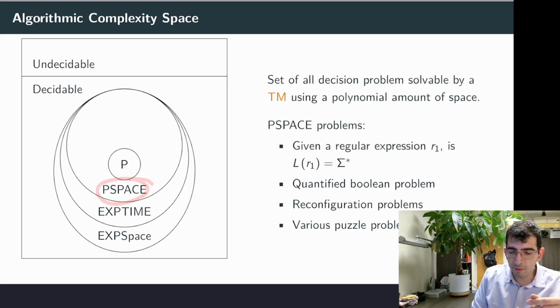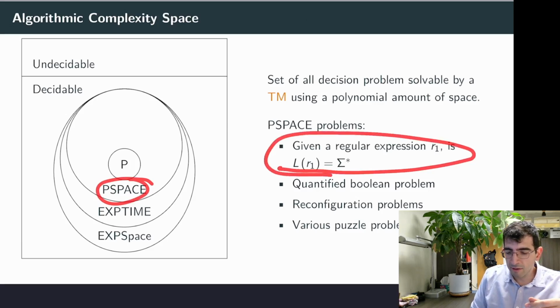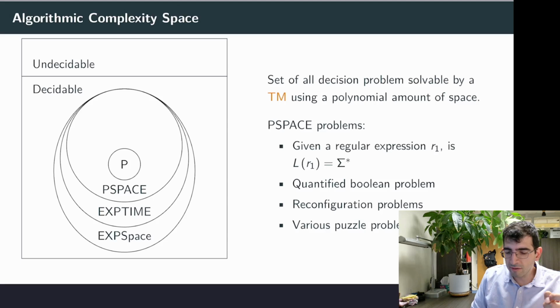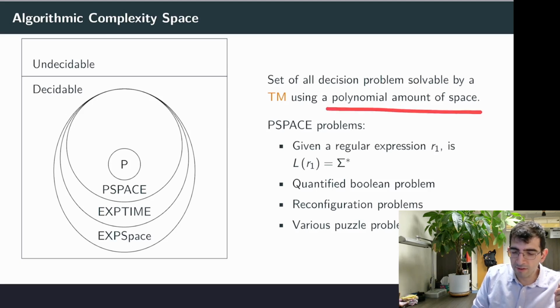A good problem of that you might have seen before is, given a regular expression, seeing if the regular expression denotes all possible strings, if it's universal. There are other problems like various puzzle problems, but this is known as polynomial space. These are simply all the problems solvable by a Turing machine that use a polynomial amount of space.